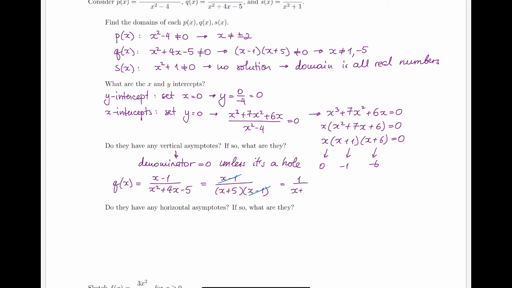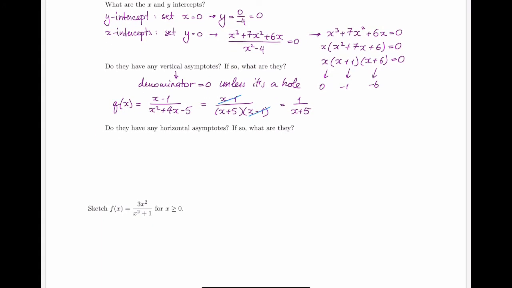So in this case, my function actually looks like 1 over x plus 5, and x equals 1 is not an asymptote, but rather a hole. Okay, so watch out for that. Don't just set the denominator to 0 and go on. Actually check to make sure that you did not get a hole in this case.